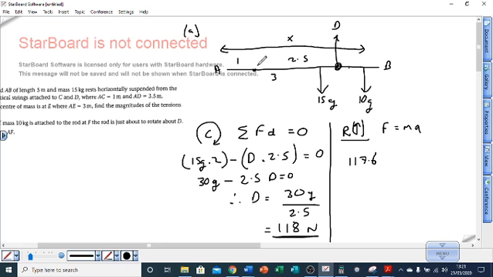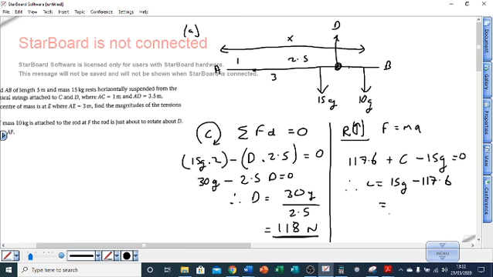Plus my C is equal to 15g. You could even put minus 15g is equal to 0 and then turn it all around. So therefore C is simply 15g take away 117.6, and that will give us the direction at C. Let's just quickly finish that off.